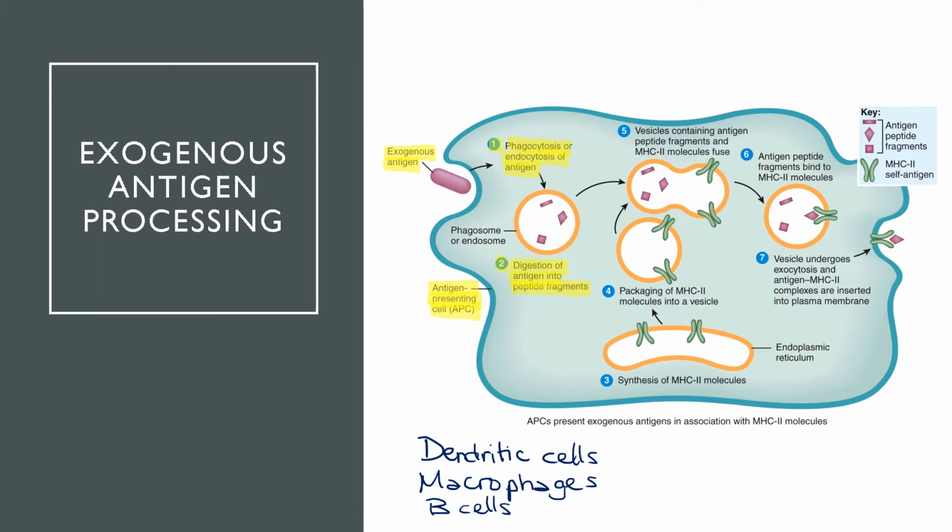When the antigen is ingested, it gets put into a phagosome if it was phagocytized, or an endosome if it was taken in by endocytosis. Within the phagosome or endosome, protein digestion enzymes will split large antigens into short peptide fragments.